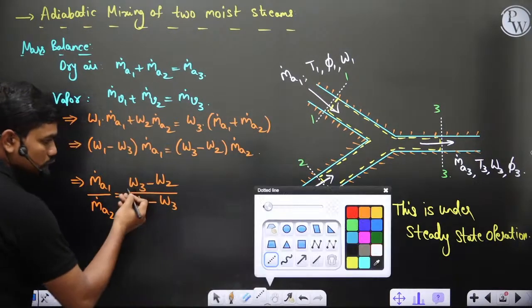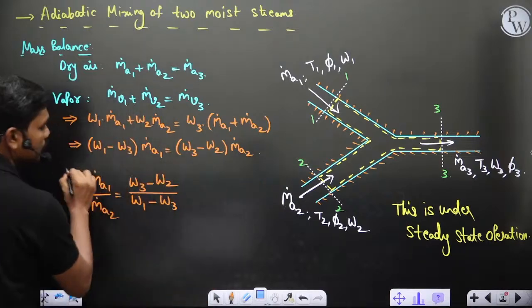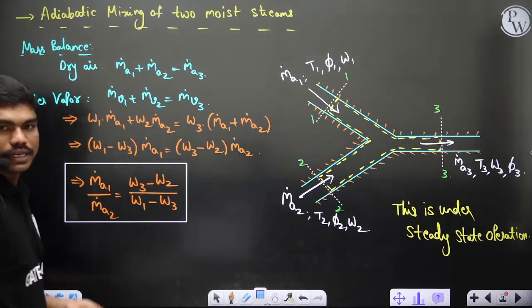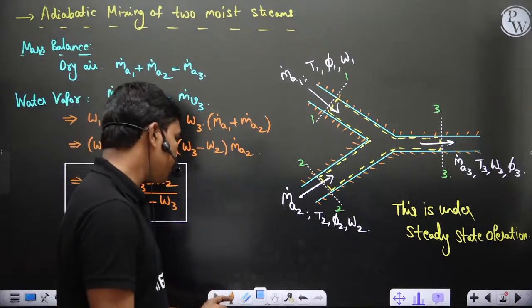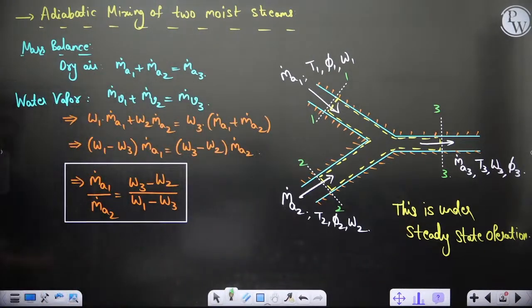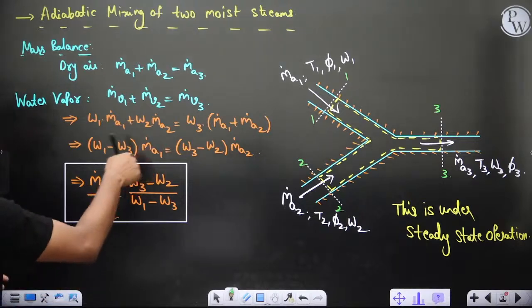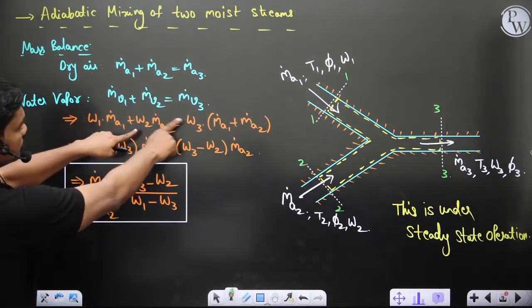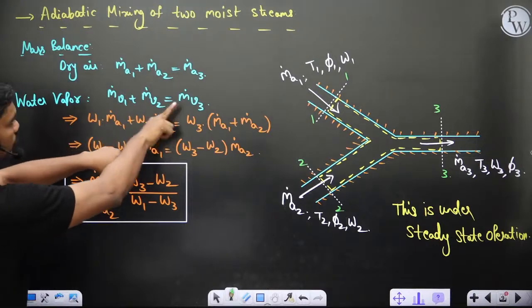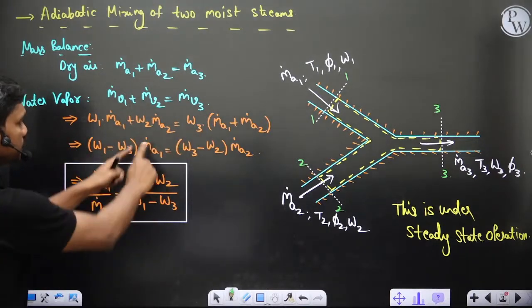Many of you will be struggling to see these formulas, but you see how simply they are coming out. I'm just doing divisions and additions. So this formula is generally important. Then if you shift this m dot a1 term, omega 1 minus omega 3 is to omega 3 minus omega 2 as m dot a2 is to m dot a1.